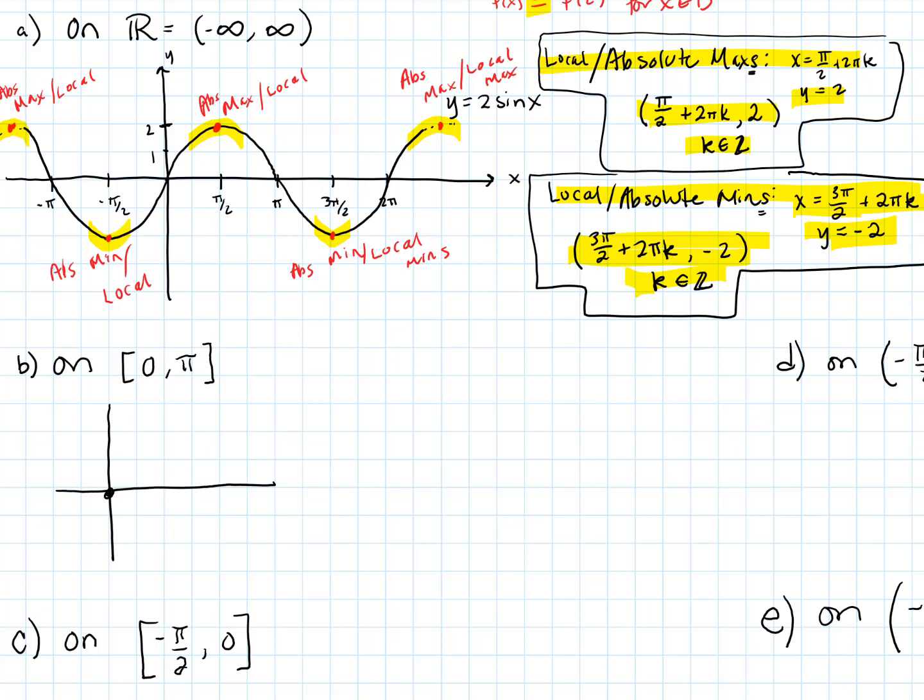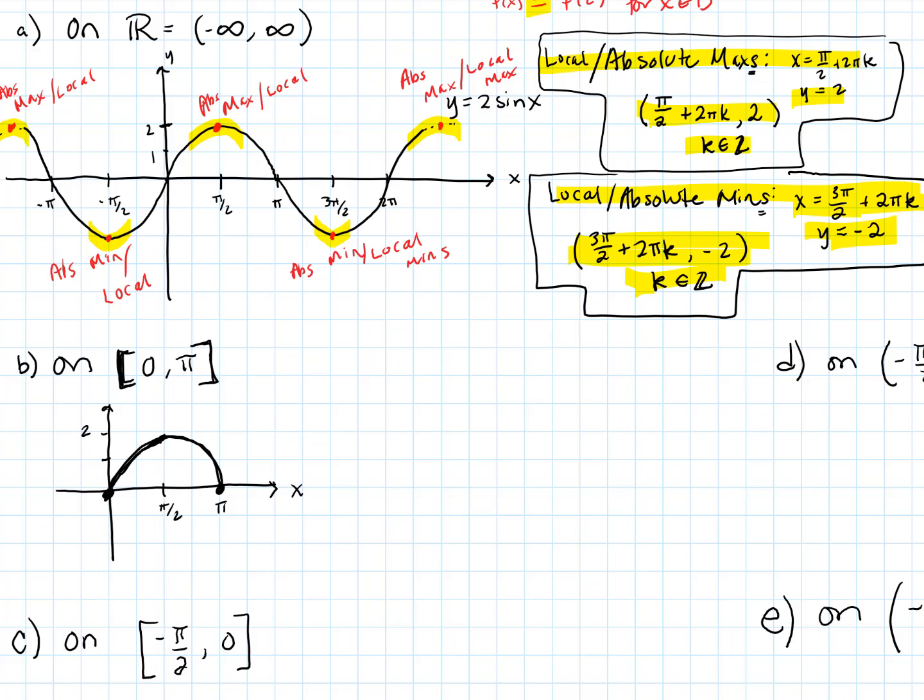Here's 0, here's pi over 2, and here's 2 on the y-axis. If we look at this curve just from here to here, and the endpoints are included, so notice that I've filled in those points.